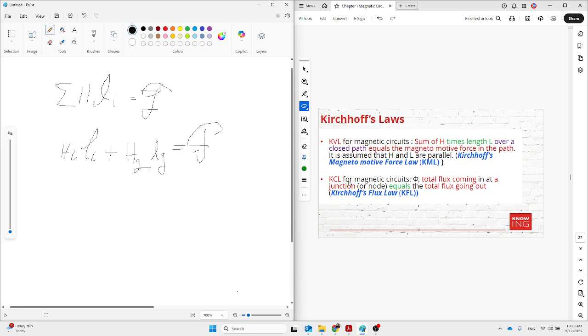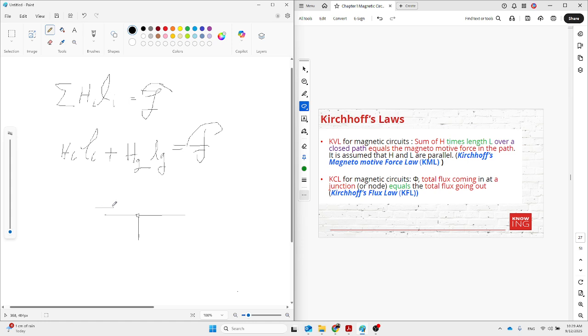KCL, on the other hand, it is assumed that H and L are parallel. In the case of KCL for the magnetic circuit, the flux phi, the total flux coming in at the junction, is the same as something I mentioned last time in class.